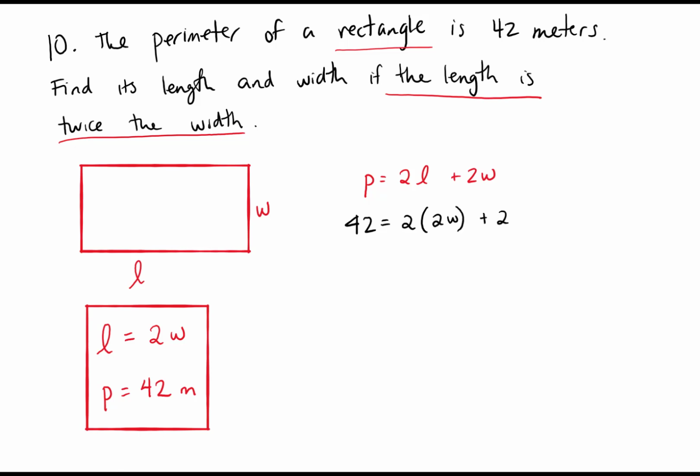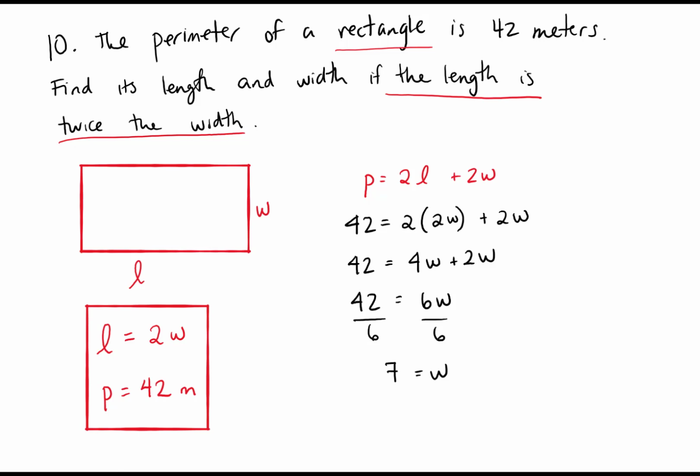And then I'm going to keep my W. So now, instead of having P and L and W in my equation, I only have W's. I'm going to go ahead and simplify this, and I'm going to combine like terms. I'm going to divide by 6, and I'm going to get 7 as my answer.